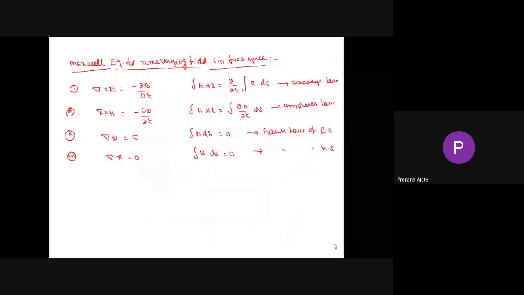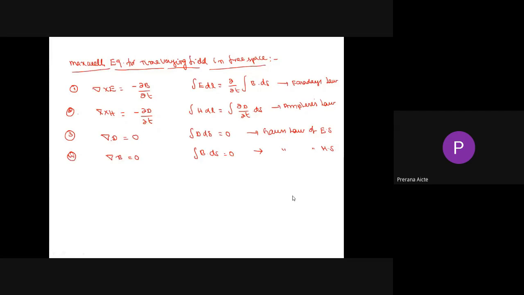Now, what is the difference between the time varying field and time varying field in free space? See, almost all the equations are similar except the second and third equations.